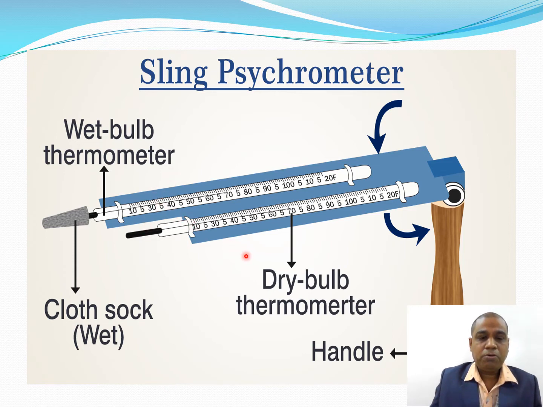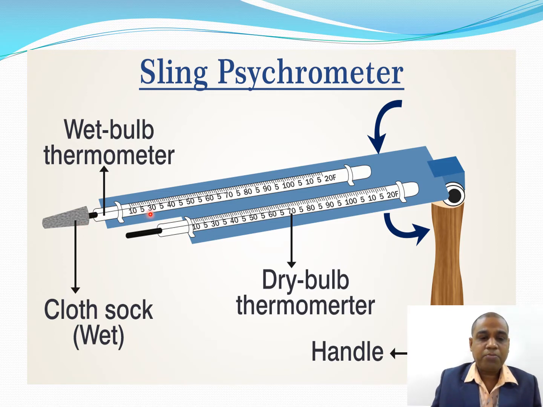And two thermometers are arranged in a casing. Suppose the first one, this one, is the wet bulb thermometer, written here. This is the sensing bulb which is covered with wet cloth.